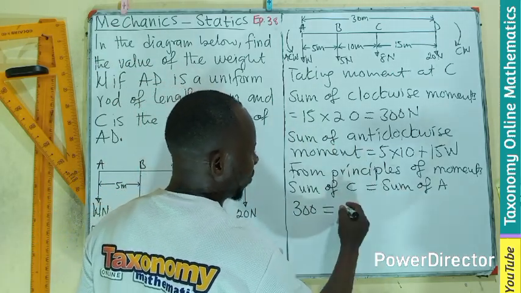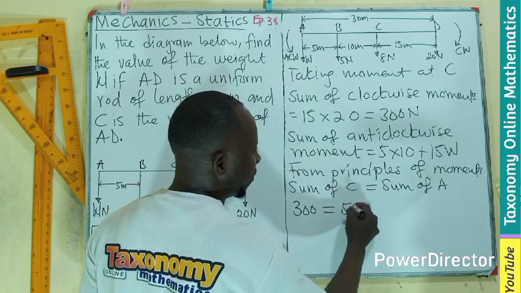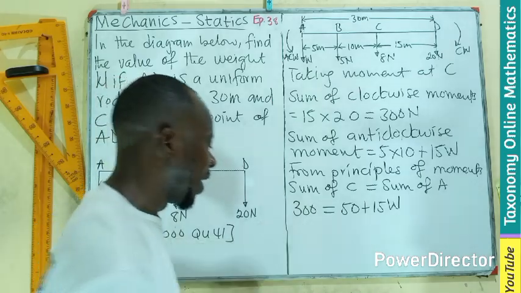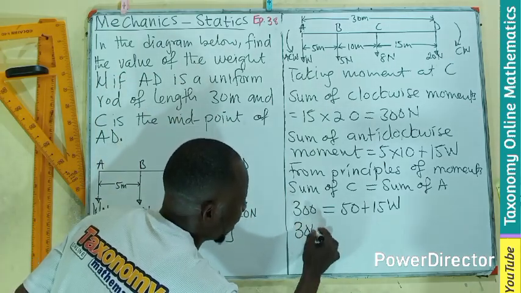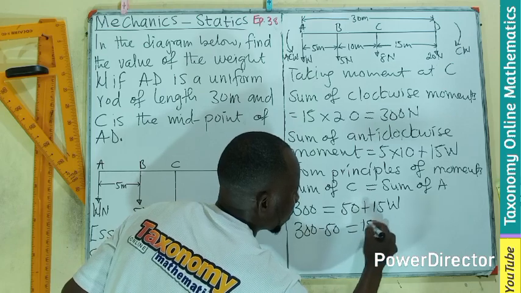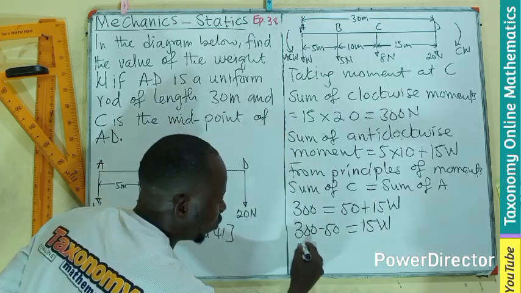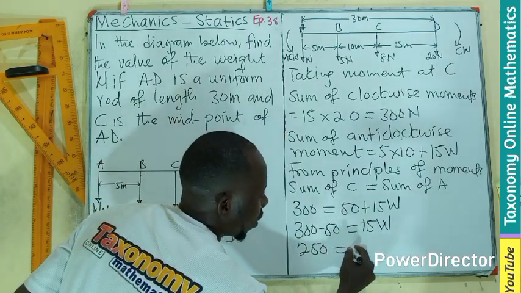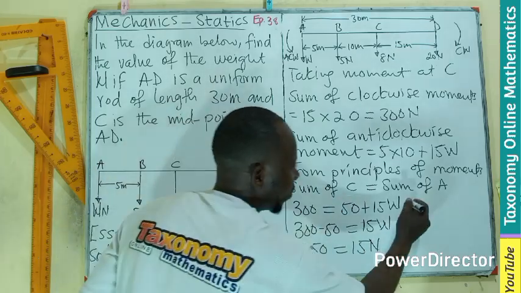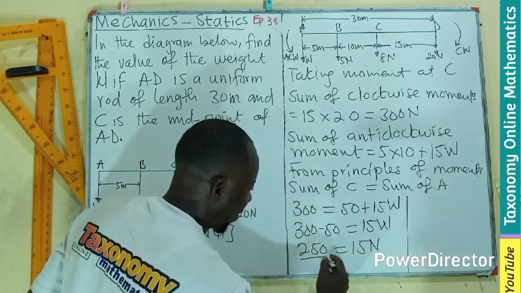The second sum we have was 5 times 10, which is 50, plus 15W. So 300 minus 50 equals 15W. That will be 250 equals 15W, and let's divide by 15 at once.